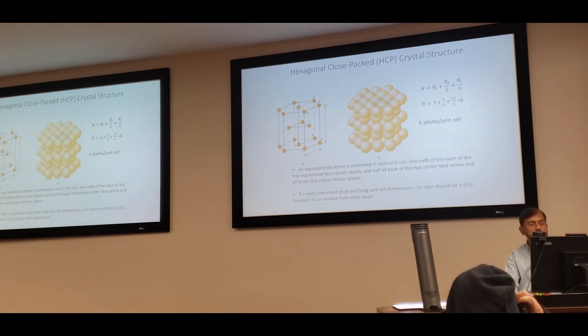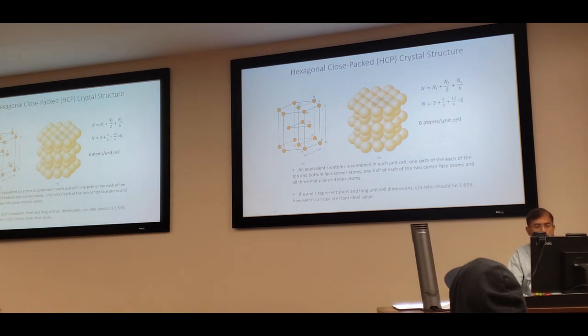Number of face-centered atoms, 1 on top and another at the bottom, so 2 over 2, plus how many corner atoms? 6 plus 6, 12. 12 over 6 is 2. So 3 plus 1, 4 plus 2, 6 atoms per unit cell. Okay? 6 atoms per unit cell.